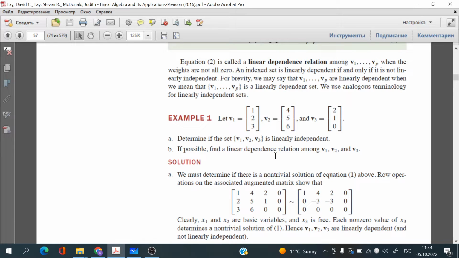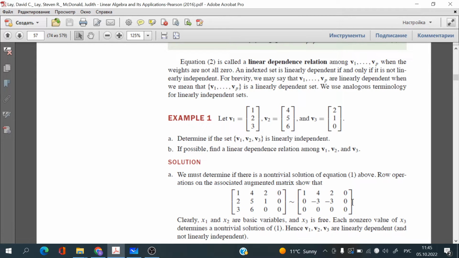We write v1, v2, v3, and our solution 0, 0, 0. As always, we need to reduce it to echelon form. So we got the matrix with rows 1, 4, 2, 0; 0, minus 3, minus 3, 0; and zeros on the third row.